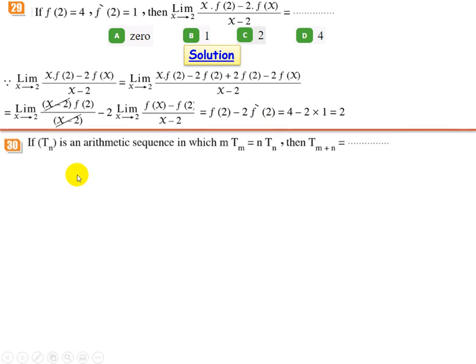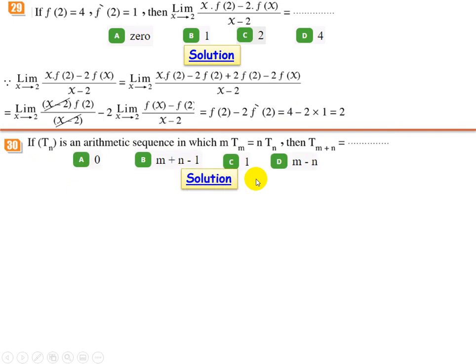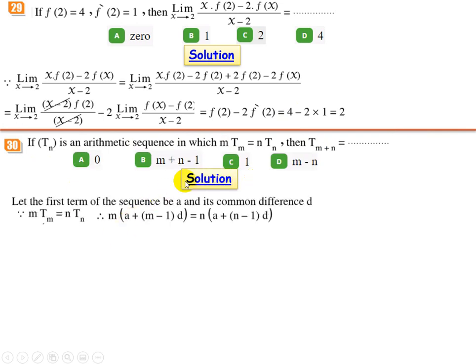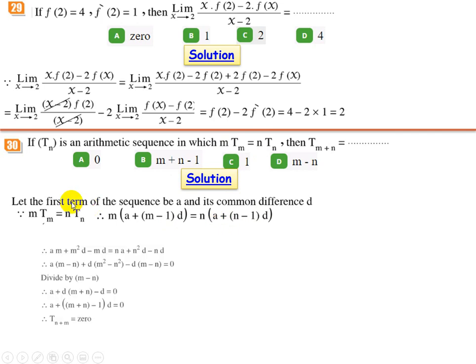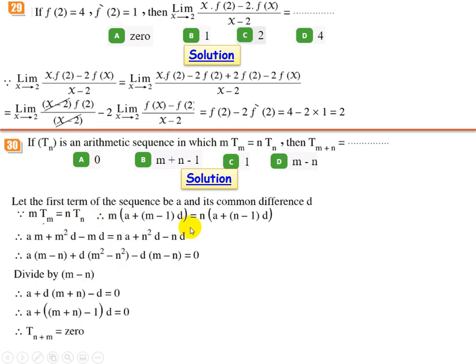Question number 30. Tn is an arithmetic sequence in which m t_m equals n t_n, then t_(m plus n). If the first term is a and the common difference is d, so m times (a plus (m minus 1)d) equals n times (a plus (n minus 1)d). ma plus m squared d minus md equals na plus n squared d minus nd.